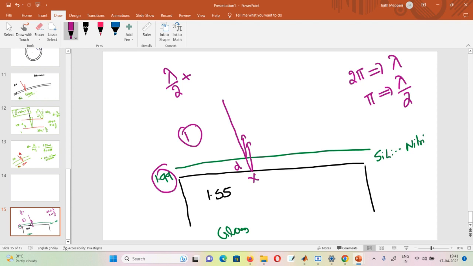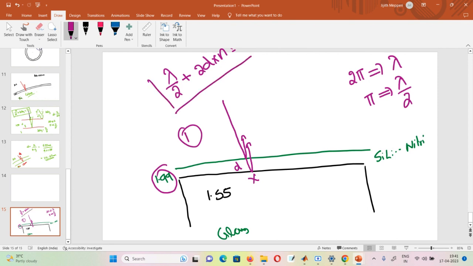So the only contribution will be the optical path, which is 2 times d multiplied by n, 2dn. So the total path difference will be lambda by 2 plus 2dn. Okay, any doubt?